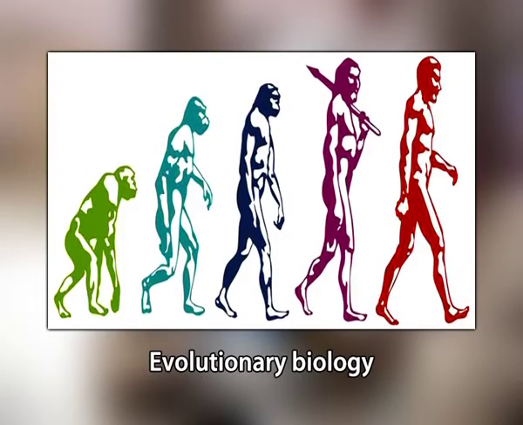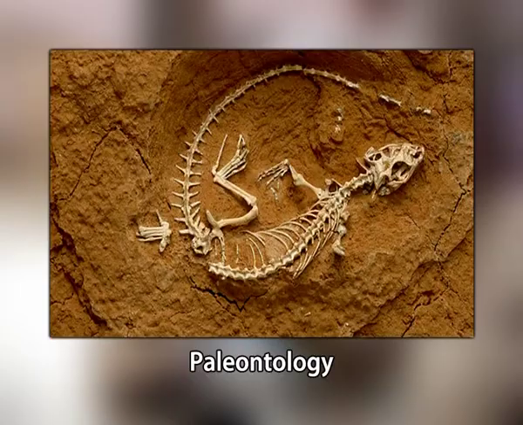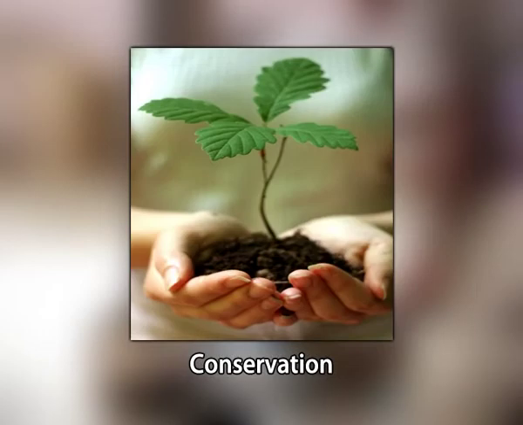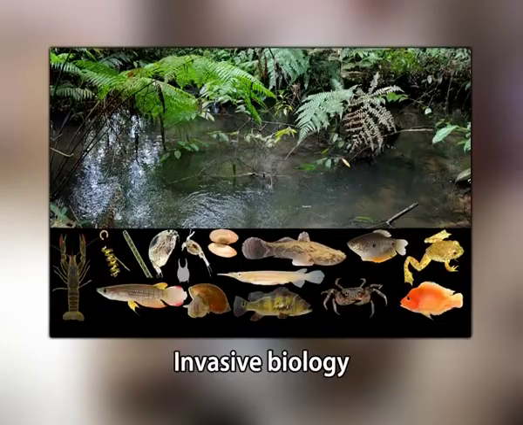Now, with rapidly developing technologies, including genomic tools and environmental models, together with the availability of big data and increasingly sophisticated analytical tools, the field is poised for a revolution that brings its relevance into domains far beyond ecology and evolutionary biology, to include paleontology, bioinformatics, conservation, and invasive biology, as well as sustainable food systems and ecosystem services.